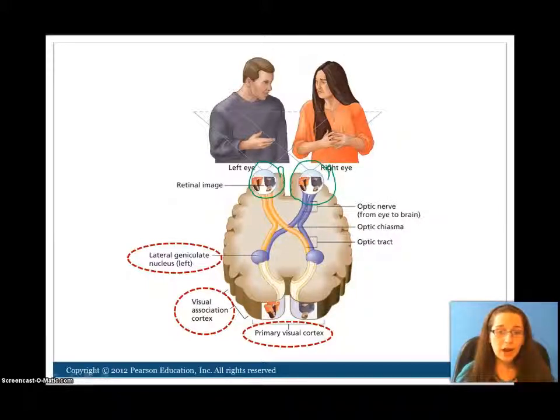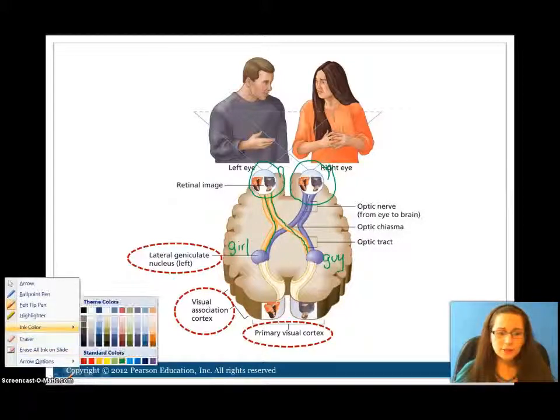But note how each eye then splits up. So for example, our left eye is going to send some information to the left side of our brain, but our left eye is also going to send some information to the right side of our brain. So in this case, what's happening is the guy is essentially going to the right side, and the girl is essentially going to the left side from our left eye.